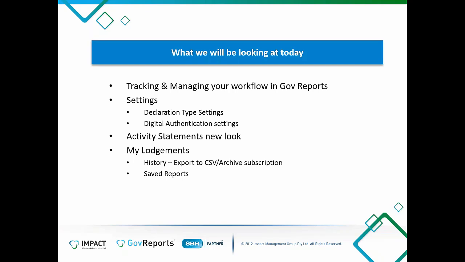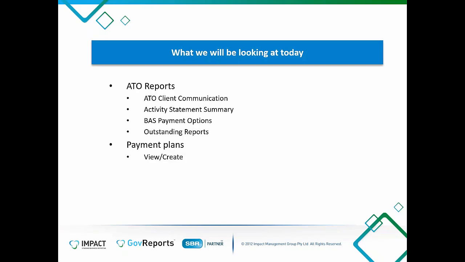And the ATO reports, really useful area there where you can access client communications, activity statement summaries, which I love, that one. That's my favourite. The BAS payment options, which for a long time I didn't even know existed, but it does. And outstanding reports, another favourite feature because you can see everything. And one of the newer features that they've come on is the payment plans.